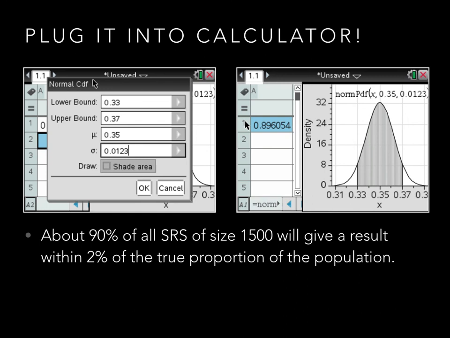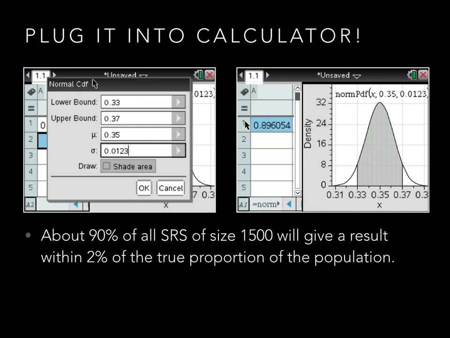To get credit on the AP Stat exam, you would need to at least draw this curve right here with the shaded region, 0.35 in the middle, with 0.37 to the right and 0.33 to the left. You would need to draw this picture to at least get credit for this. And with this, our answer is 0.89.